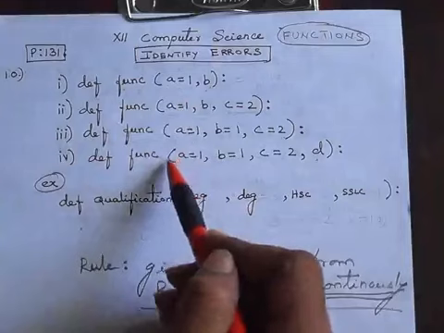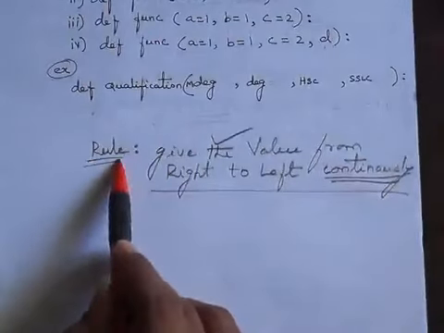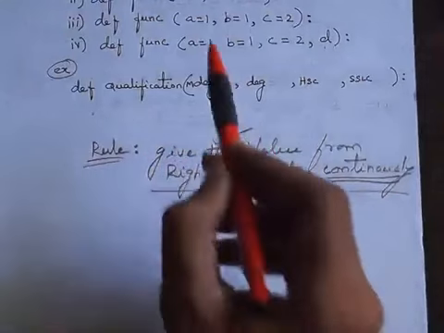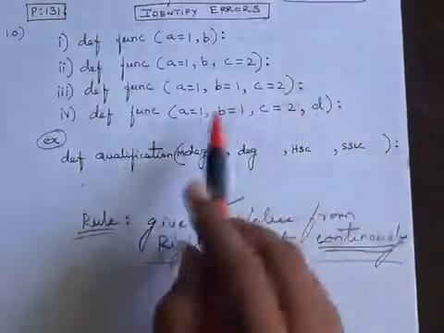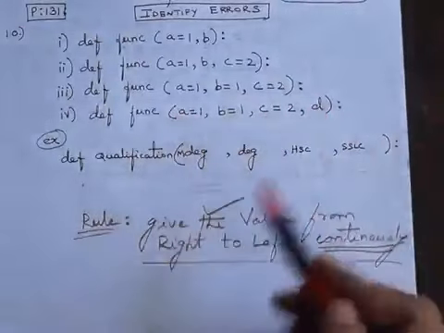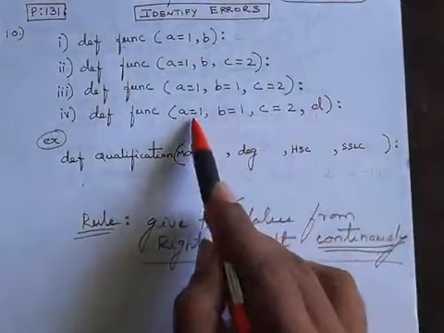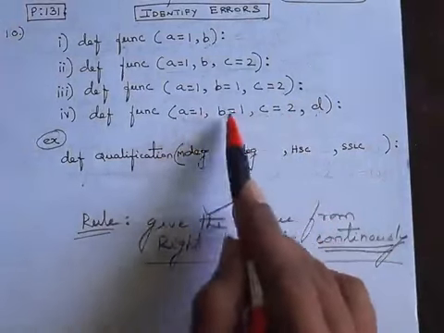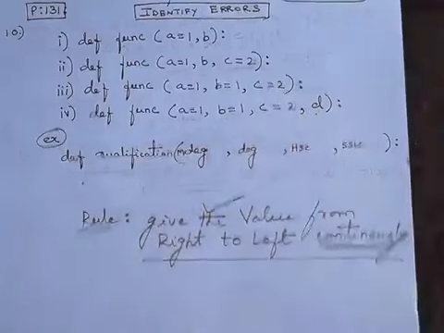How to find out the error? There is a rule, one important rule. What is the rule? You have to give the value to the arguments. You see, A, B, C, D are called arguments. For these arguments, if you want to give values like this, equal to 1, equal to 1, equal to 2, there is a rule.